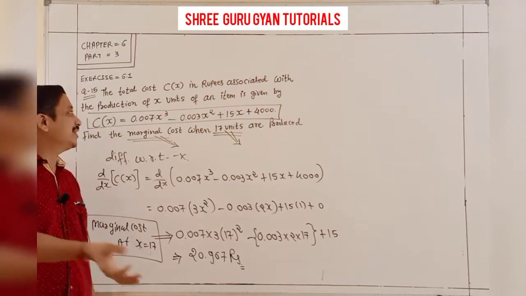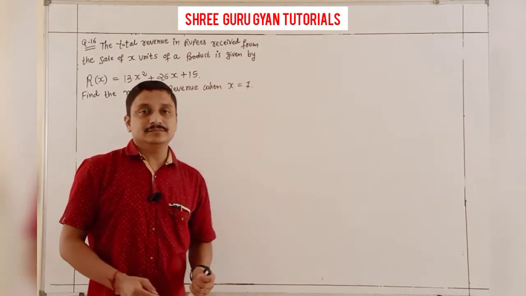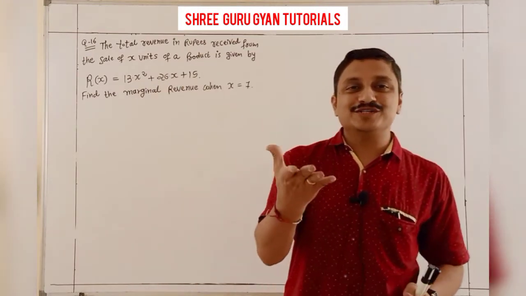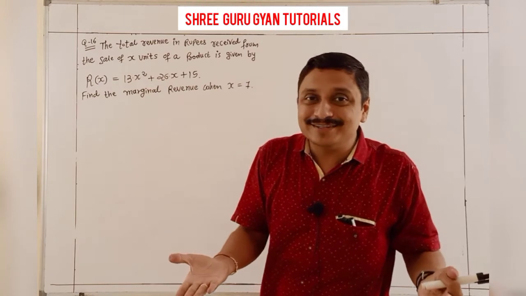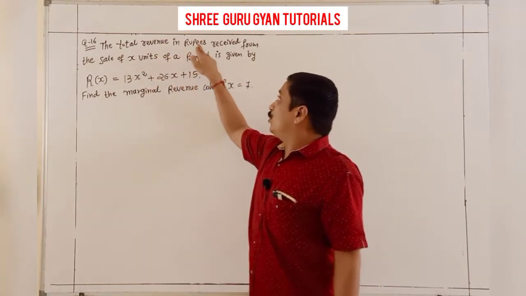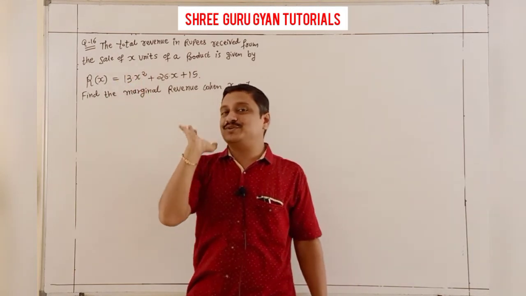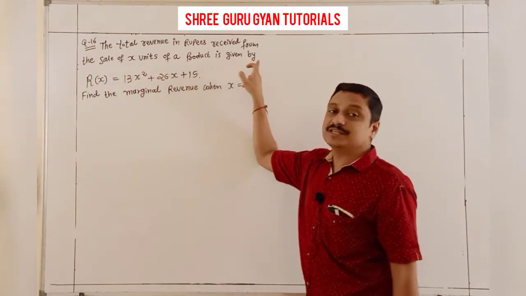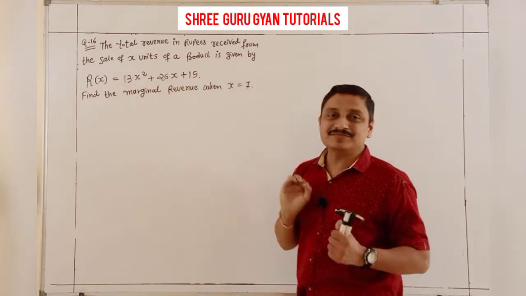Now students, I am going ahead to question number 16, the same type of question. Now R(x) is given. Revenue is given, so total revenue in rupees received from the sale of x units is given by R(x). Some equation is given: 13x square plus 26x plus 15.